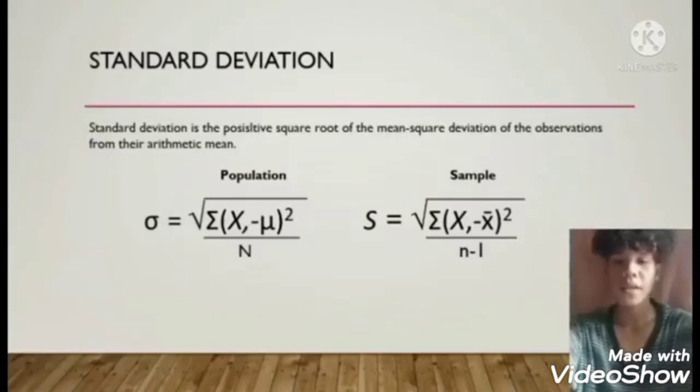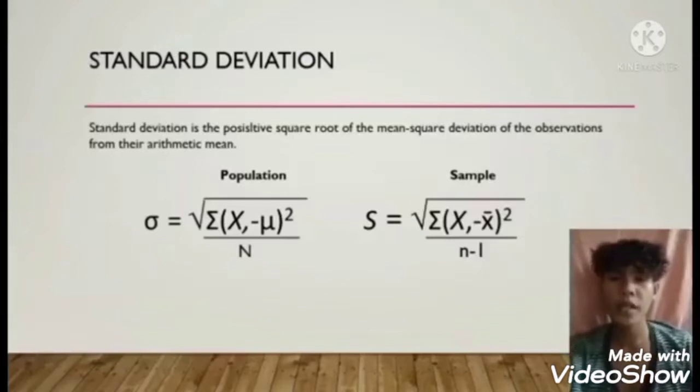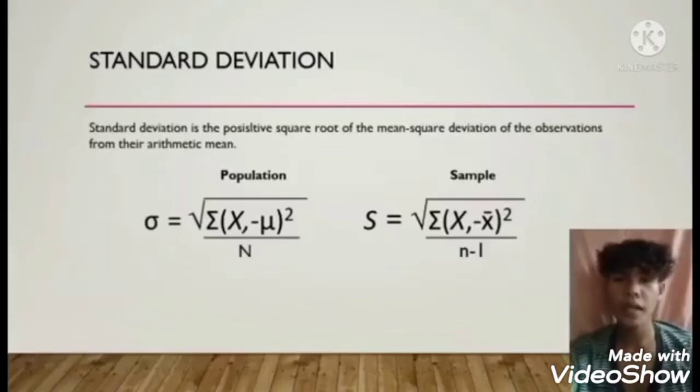What is standard deviation? Standard deviation is the positive square root of the mean square deviation of the observations from their arithmetic mean. We're going to calculate the standard deviation of a set of numbers. There are two formulas here, where the first one is the population standard deviation, represented by the letter sigma.